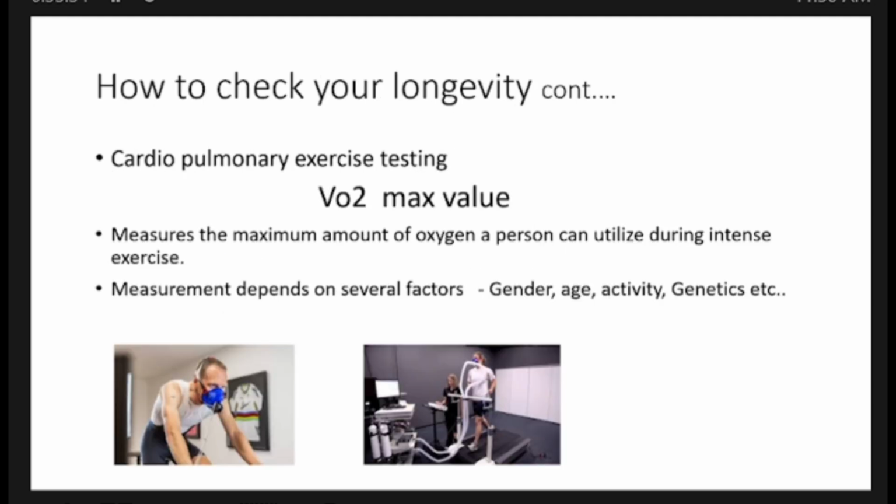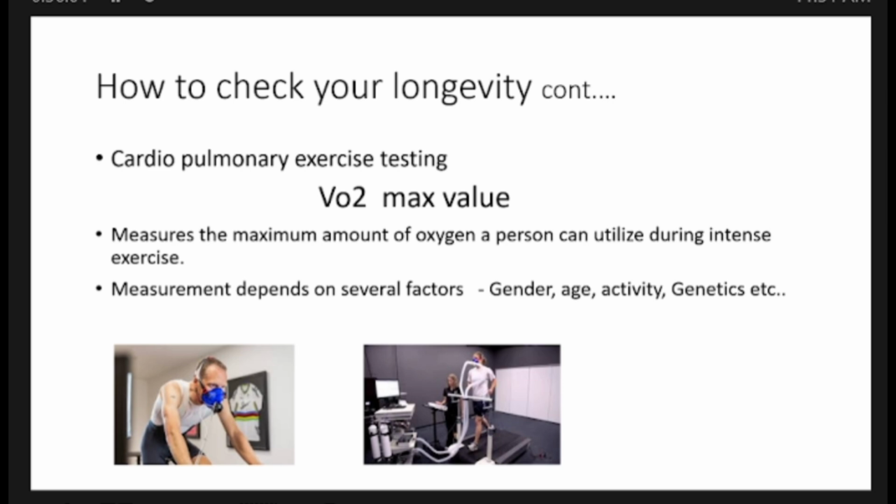Right, so the VO2 max value we check with cardiopulmonary exercise testing, and you need lab facilities for that. The important thing here is that VO2 max is the maximum amount of oxygen a person can utilize during intense exercise. For a long life, what you need is intense exercise.